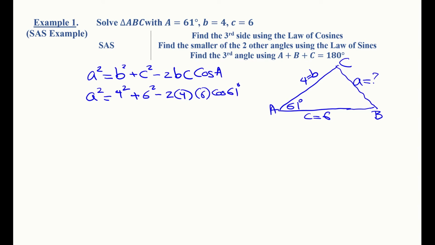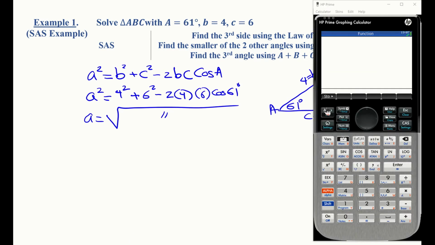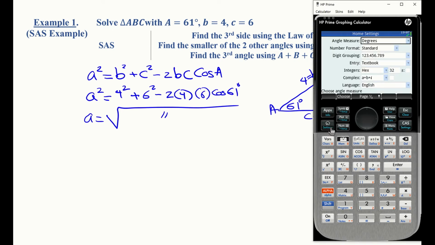So basically A will be the square root of all that. So what we will want to do at this point is go ahead and bring up a calculator. As always, we'll check to make sure that we are in degree mode, so we seem to be okay.